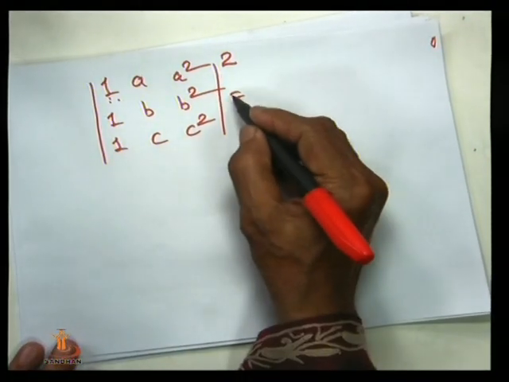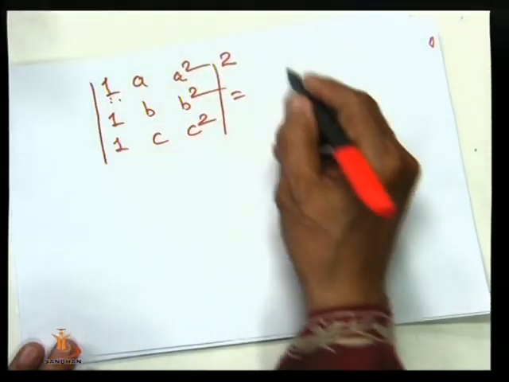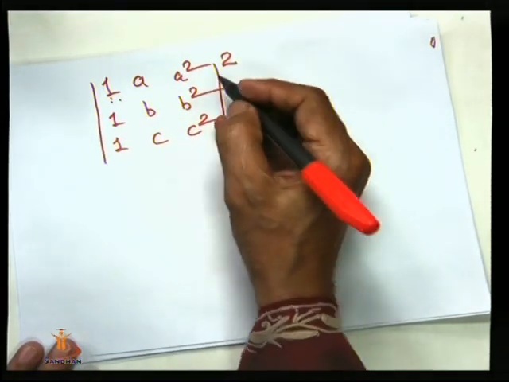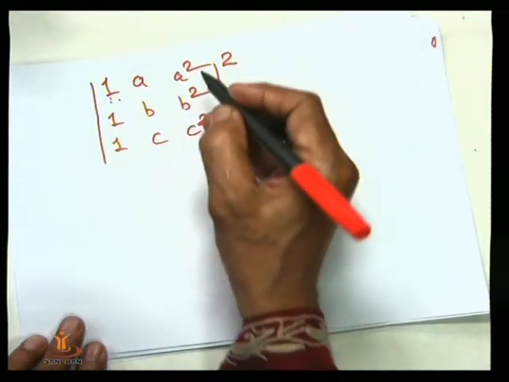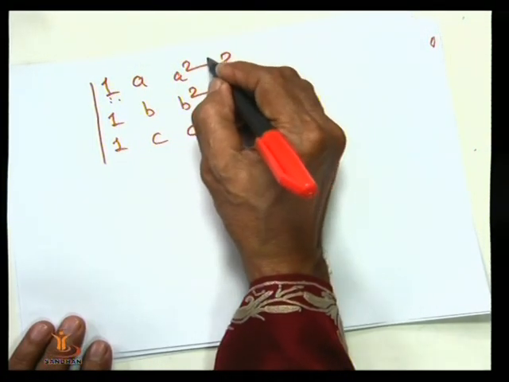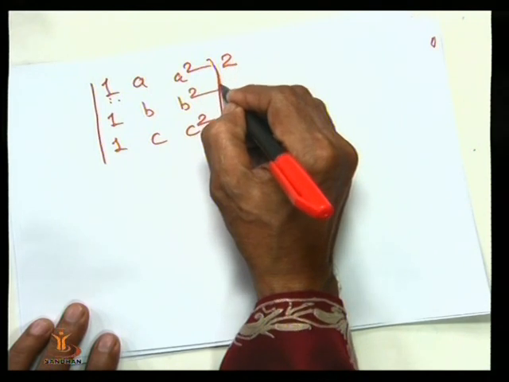Now, in order to find this square of the determinant, instead of taking the determinant directly, we will take this as a matrix, and then take the determinant.